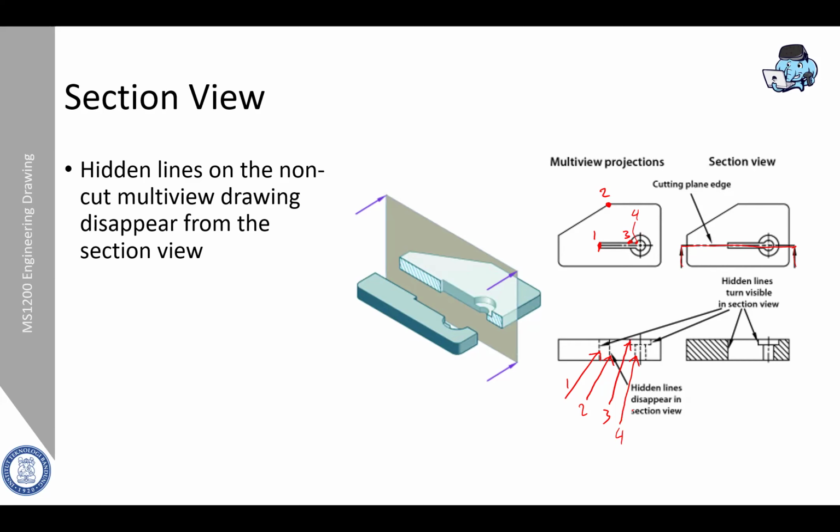Okay, so like in this case, line number 1 is changed into full line. Yeah, visible, and hidden line number 2 is really disappeared.